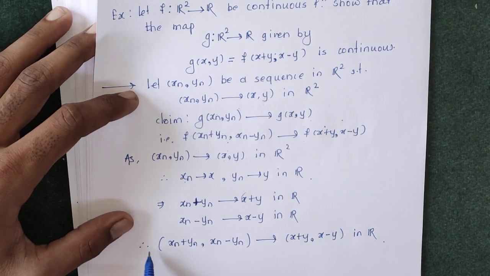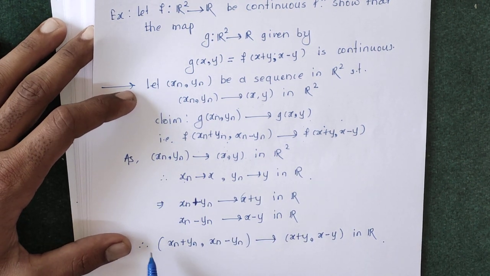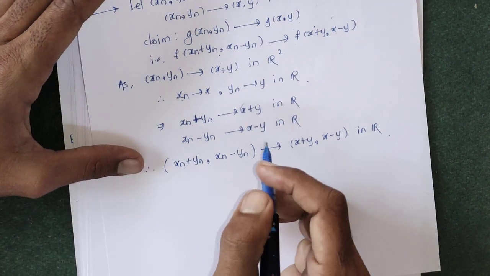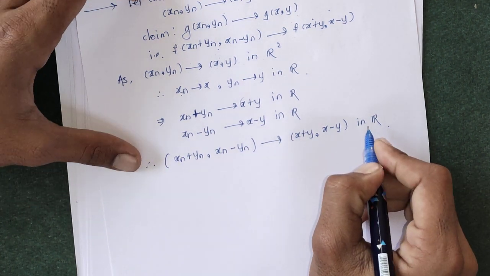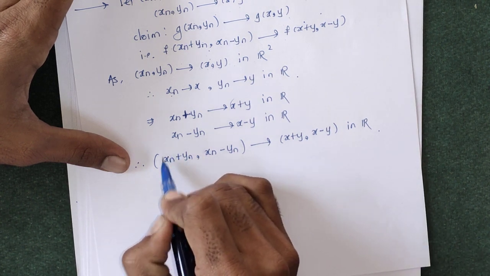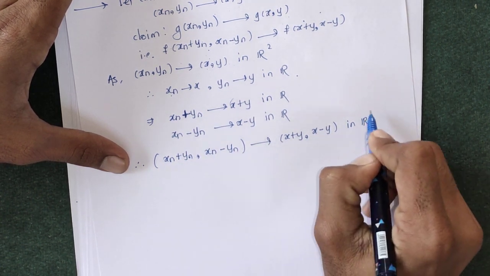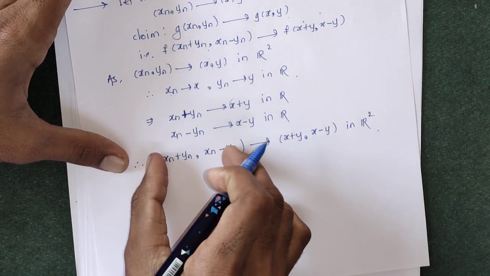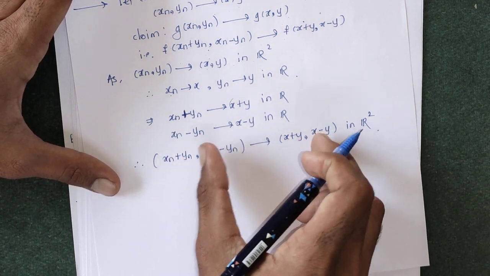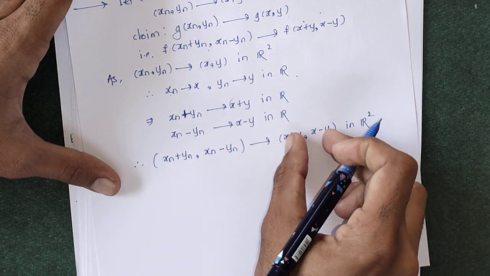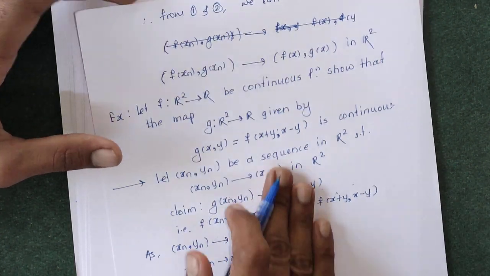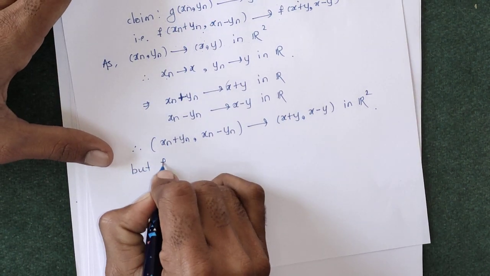So now if we apply f on this: the given function f is continuous. This ordered pair is a sequence in R square which converges to this point in R square.